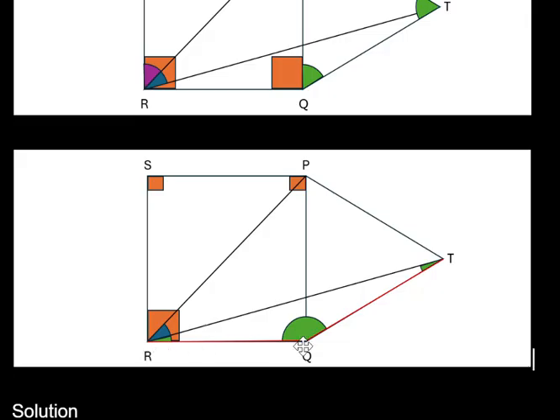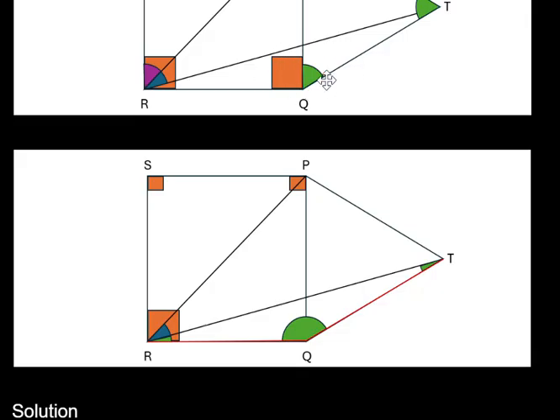And from here, straight away, we know that this is an isosceles triangle. So if this is an isosceles triangle, these two small angles here are the same. Look at the diagram above.